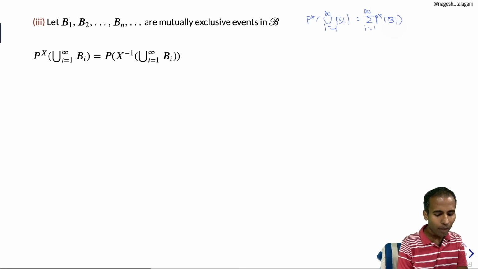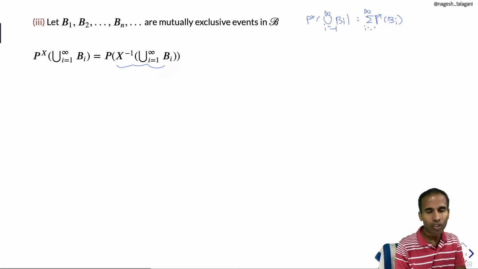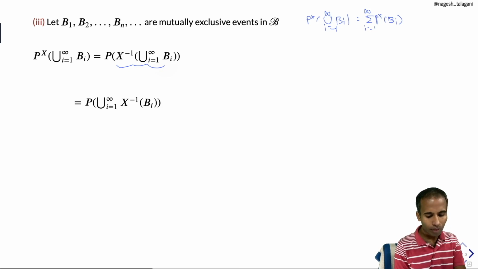Px of the union i equals 1 to infinity of Bi, according to the definition of Px, should be the probability of X inverse of the union i equals 1 to infinity of Bi. X inverse of the union of Bi, we can write as the union of X inverse Bi. So in the next step, we write this part as the union i equals 1 to infinity of X inverse Bi.